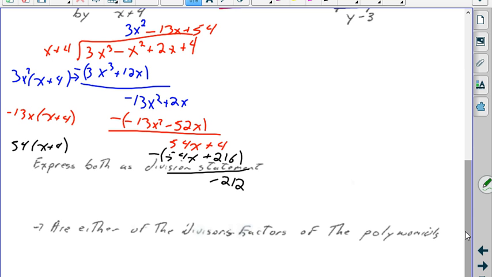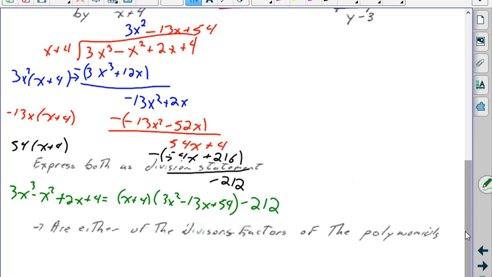I'm just going to write this one as a division statement. And again, this is the division statement I like.